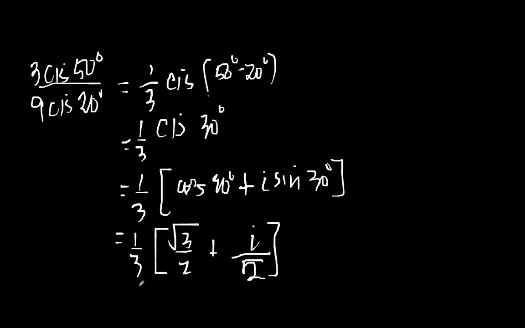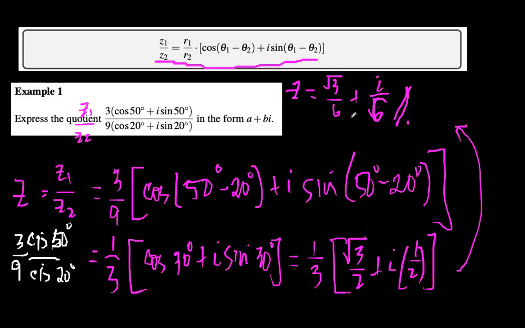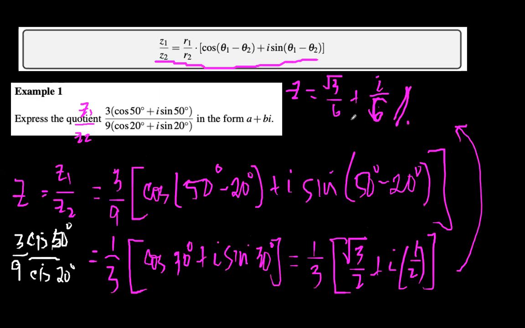Which is equal to square root of 3 over 6 plus I over 6. Tingnan nga natin kung parang sagot. Ay, baliktad. Oh, yeah. We got the same answer. Di ba mas madali pag sinimplify mo muna yung expression? Guys? Okay. Any question?